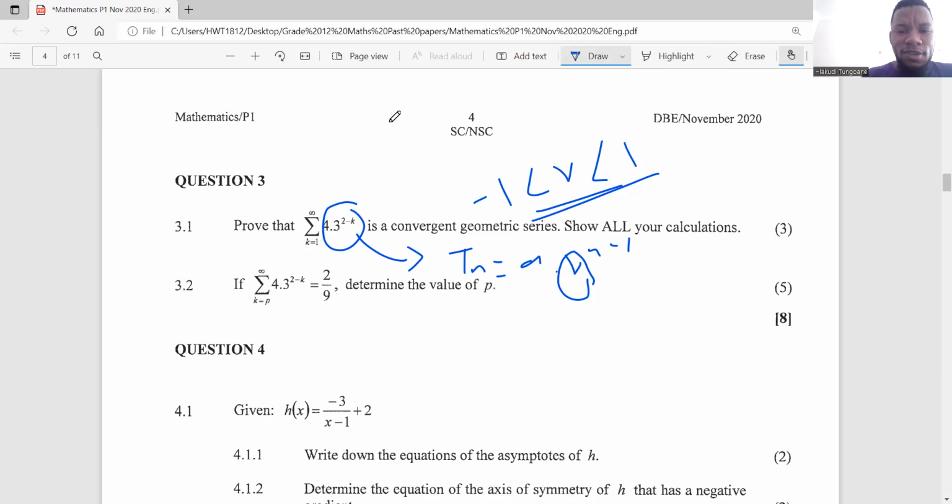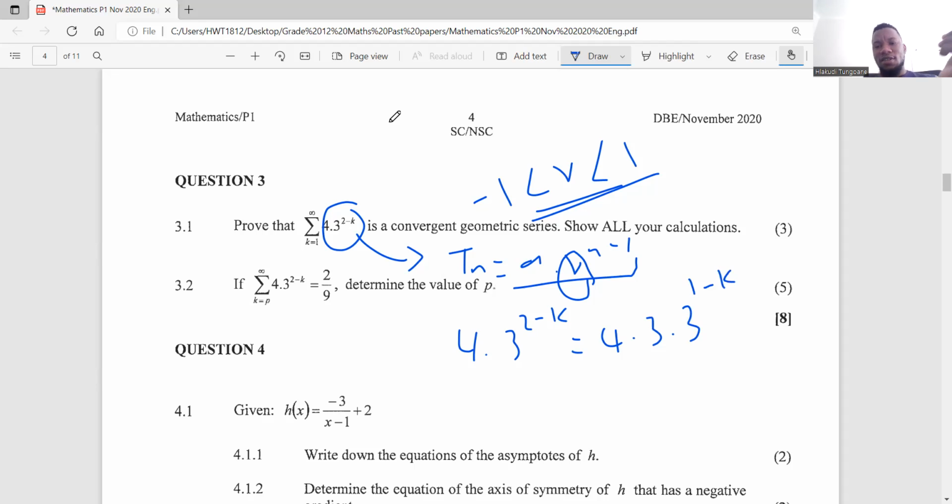Okay, so we have 4 × 3^(2-k), right? If we want to write this in this form, we can write this as 4 times 3, and then 3 to the power of 1 minus k, essentially. Remember, this is just 1. We need to make this look like k minus 1, right?